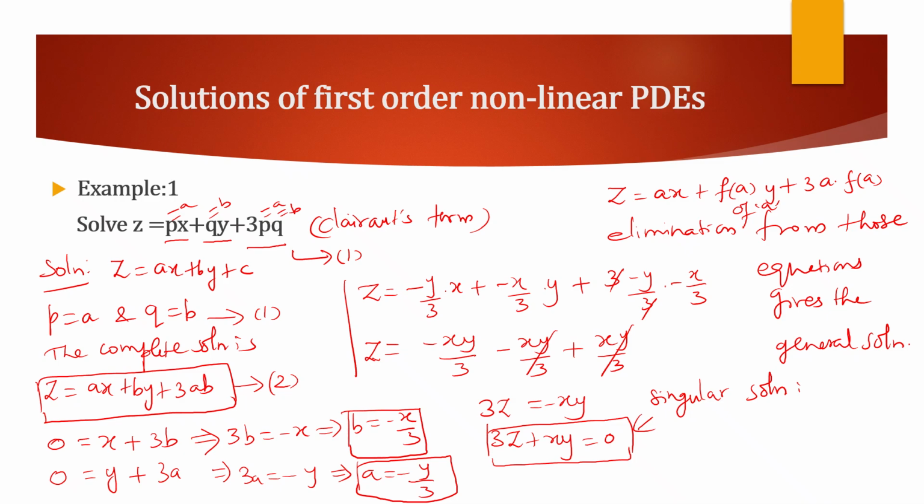So here we have to write one more step in which we write the differentiation of this equation with respect to a partially, and then elimination of a from the last two gives the general solution.